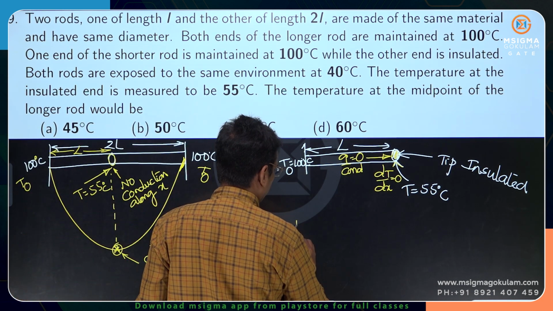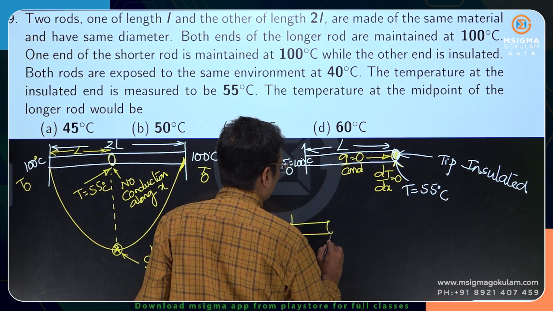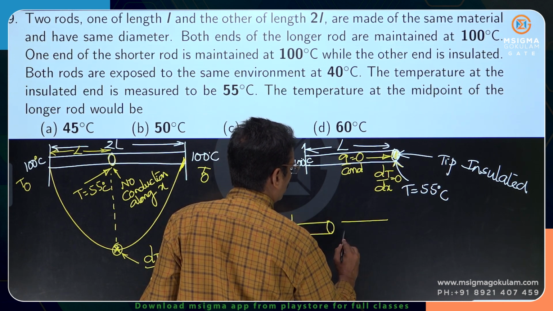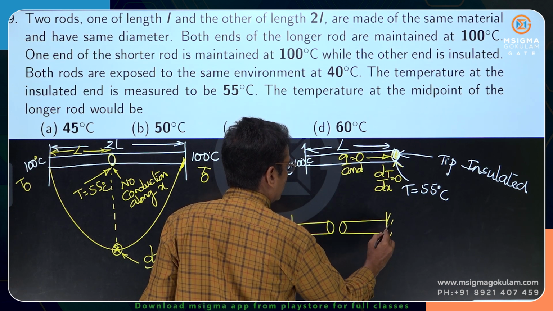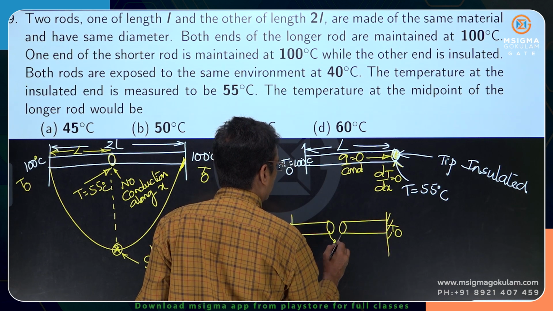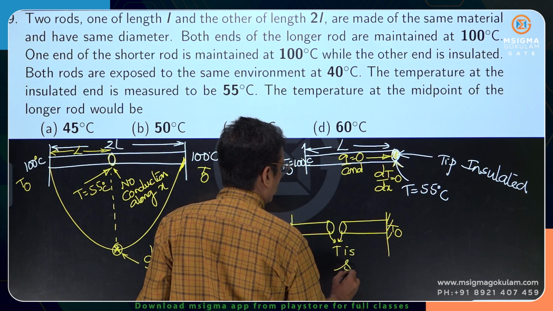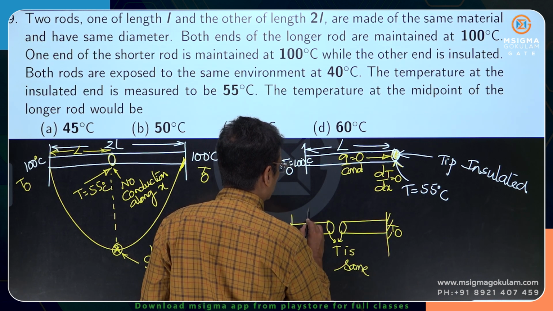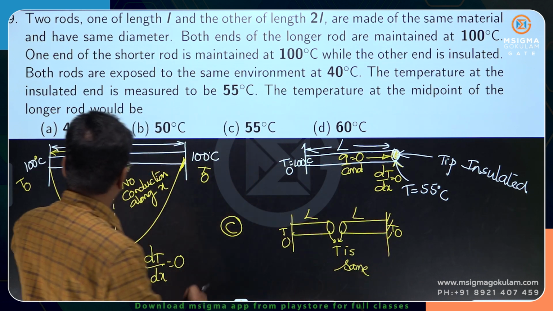Suppose you take two rods, same length, same material, same temperature here and here. Here and here also the temperature T is the same. When you join both of them, if this is L and this is L, you will get this.